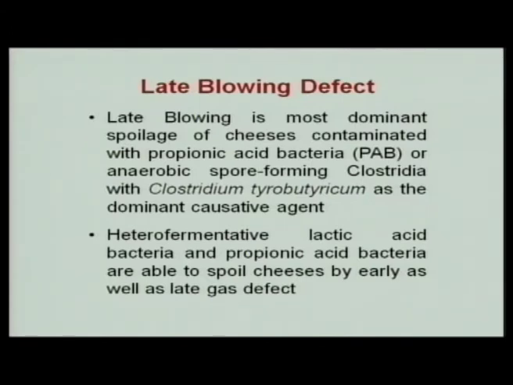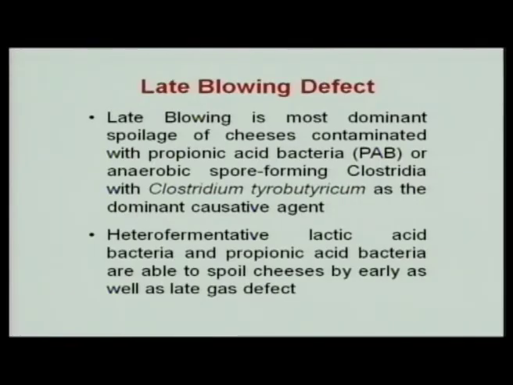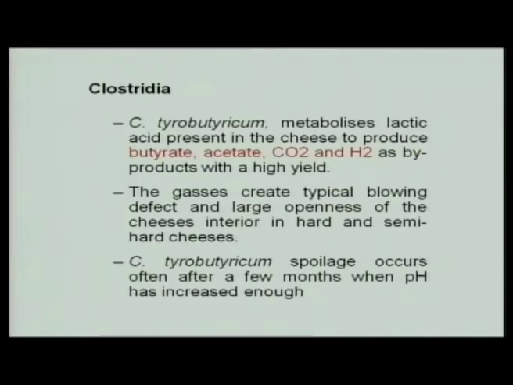These organisms convert the lactic acid into butyric acid and carbon dioxide, whereas the propionic acid bacteria convert the lactic acid into propionic acid and carbon dioxide. Heterofermentative lactobacilli or other heterofermentative lactic acid bacteria are also sometimes responsible for the late blowing.